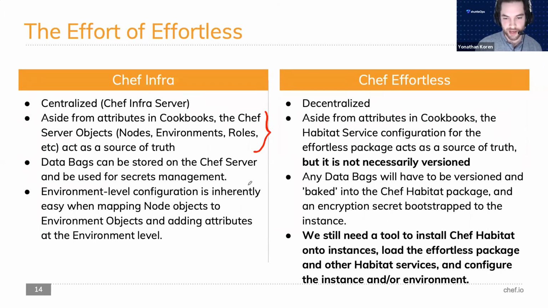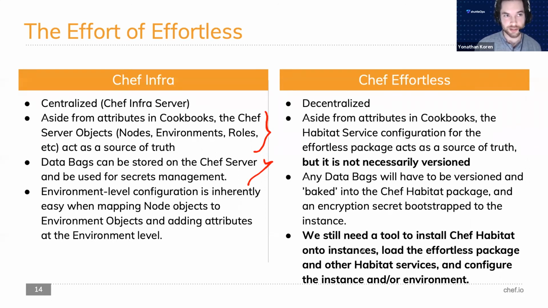If you're using data bags for managing secrets, you can store those on the Chef server. But with Chef Effortless, your data bags have to be essentially baked into the Chef Habitat package, the immutable Effortless package. And you can have a data bag item for UAT, for prod, for dev, but you also need to bootstrap the encryption secret in order to decrypt it.